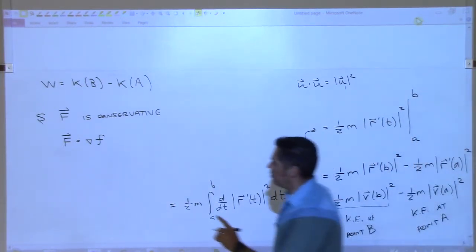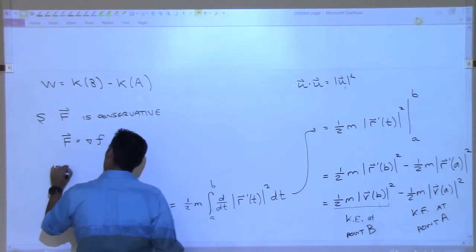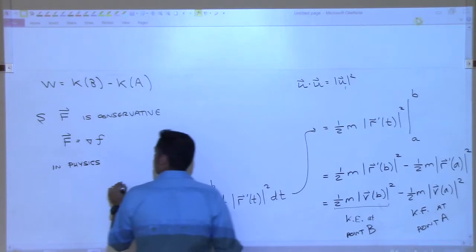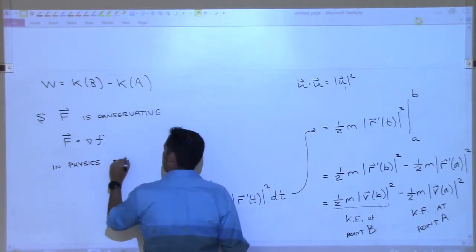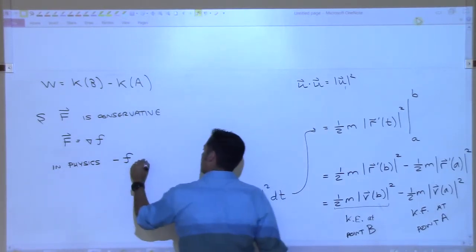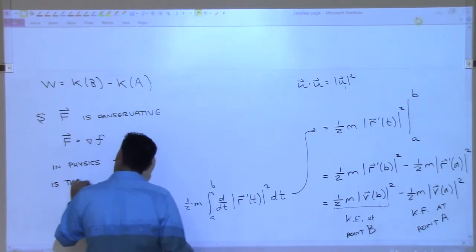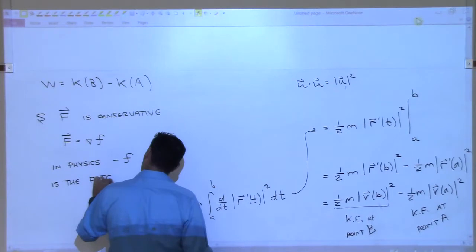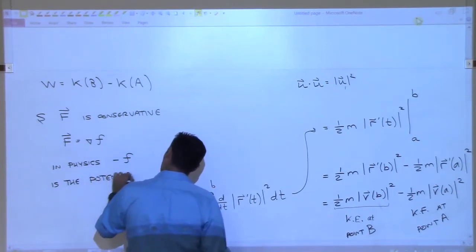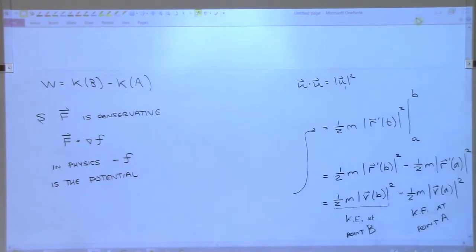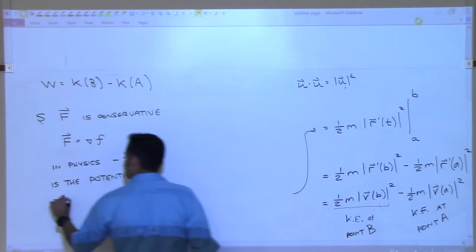And in physics, the negative of the scalar function is the potential energy at X, Y, Z. What do they call it here? Potential energy? Yeah, potential energy.